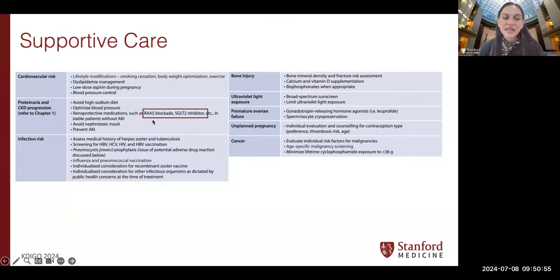And again, one of my colleagues will talk about chronic kidney disease and some of these drugs more specifically, but we usually use a drug directed towards the renin-angiotensin system, especially in patients that have proteinuria. That is a great drug to be on. So drugs like lisinopril or losartan, an ACE inhibitor or an angiotensin receptor blocker.